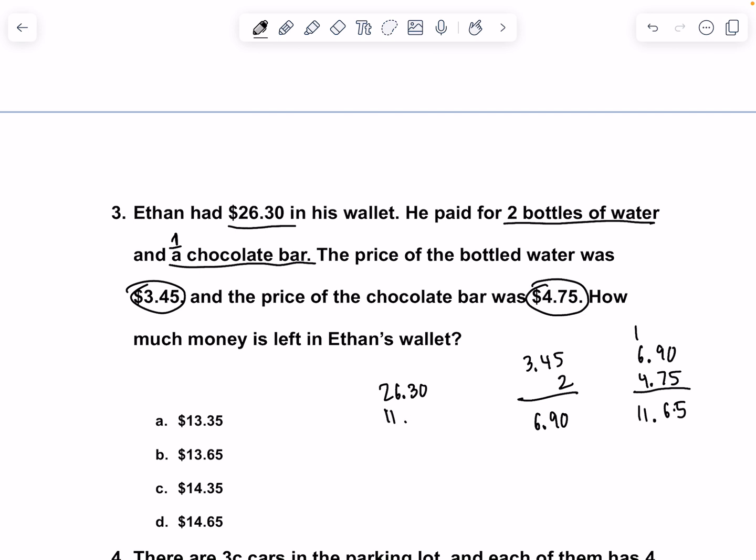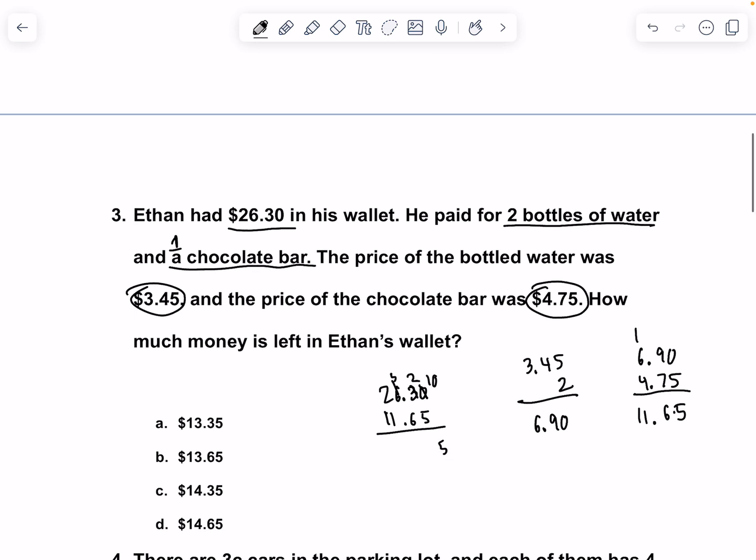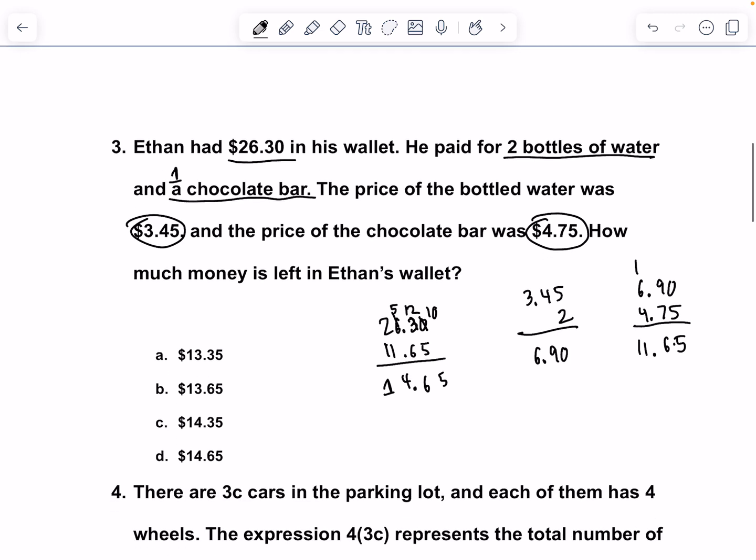So basically, $11.65 is the amount for the things he is buying, and then 26.30 is the amount of money he has in his wallet. So then we would just subtract, and we'll get $14.65 for our answer. So the answer would be D.